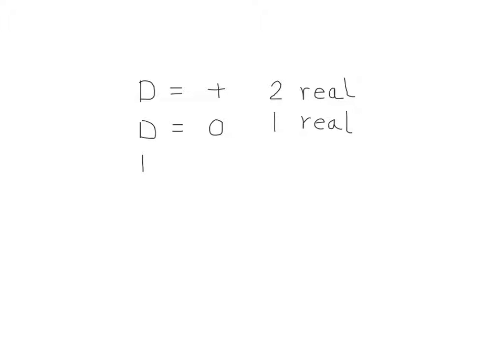And if the discriminant comes out equal to a negative number, there is not any real square root of a negative number, but rather imaginary or complex. So we'll have two complex solutions.